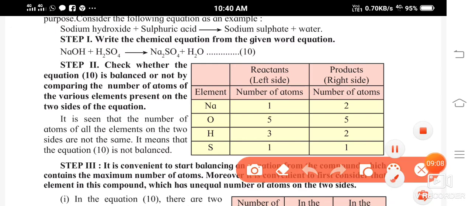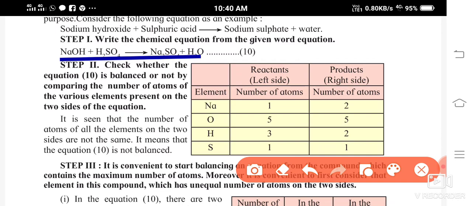Now let us check this equation. Check whether equation 10 is balanced or not by comparing the number of atoms of the various elements. It is seen that the number of atoms of all the elements on the two sides are not the same. It means the equation is not balanced.